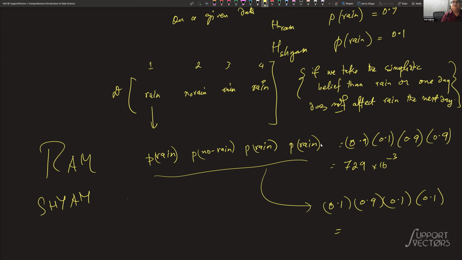What does that come to? Would you agree that it comes to 10 to the power minus 4? Yeah, there are 4 terms here, you're right, so each term brings 10 to the minus 1.